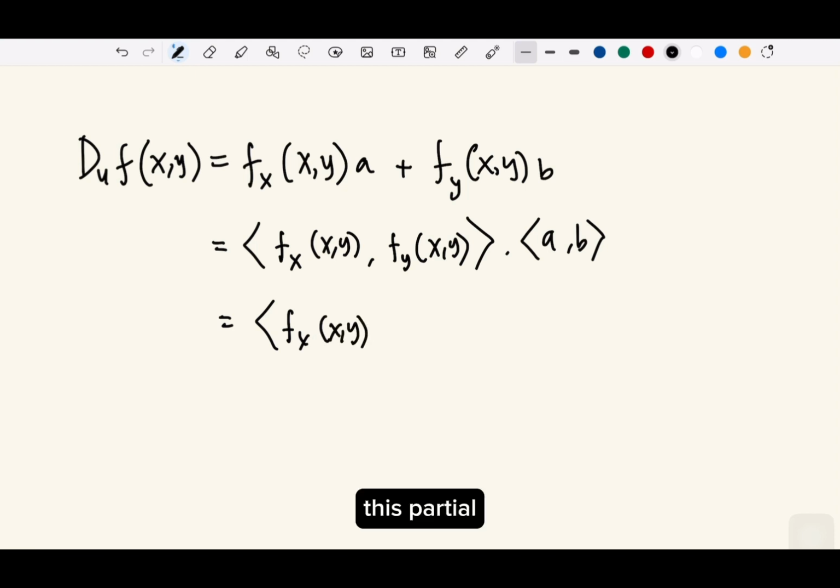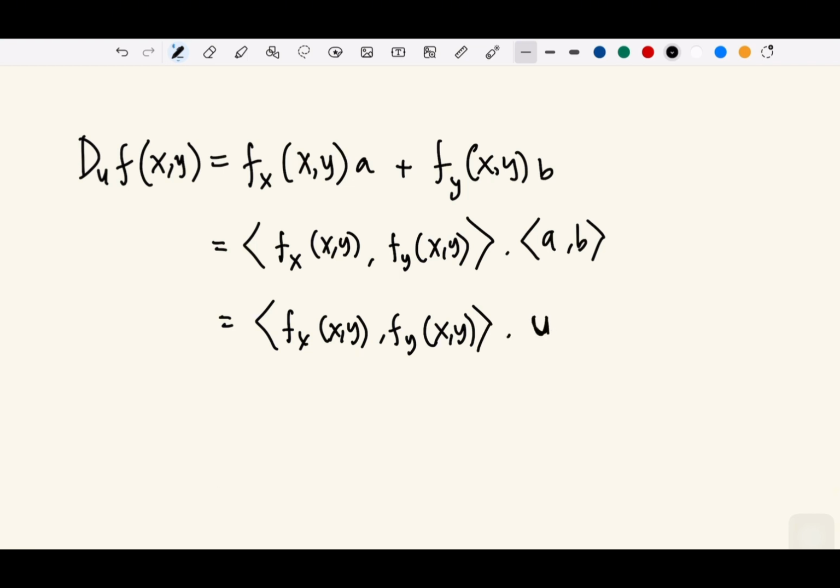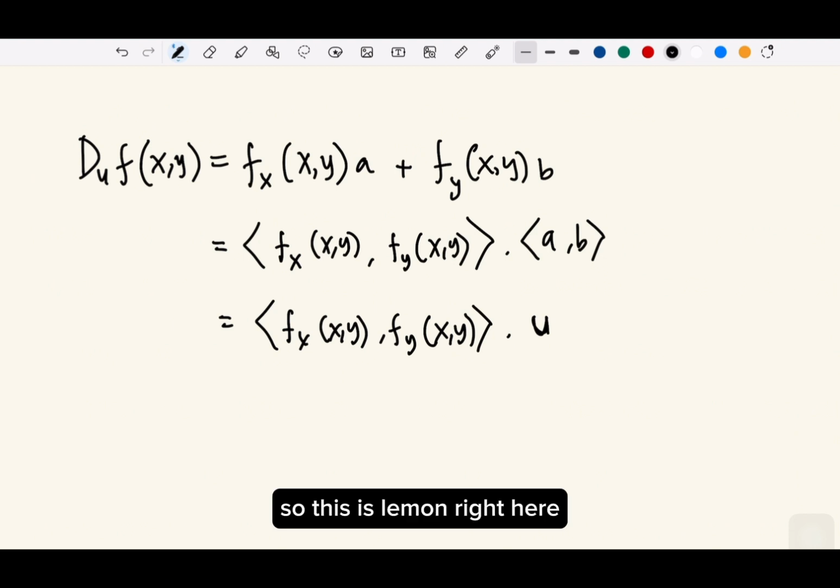Or, since we know that a, b is our unit vector, we can just write this partial vector dot with u. Let me write here, if you forget, this is the dot product.